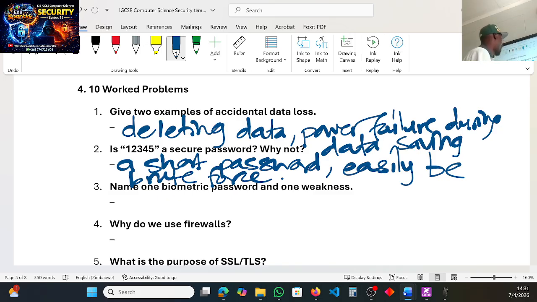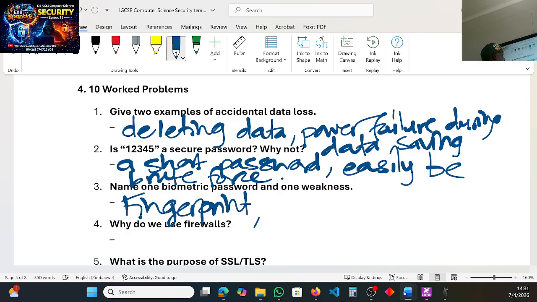Then the next one is saying name one biometric password and one weakness. If we talk of biometric passwords, here we are interested in aspects such as fingerprint or iris. So let's pick fingerprint, for instance. What weakness can a fingerprint have as we are trying to secure the data?